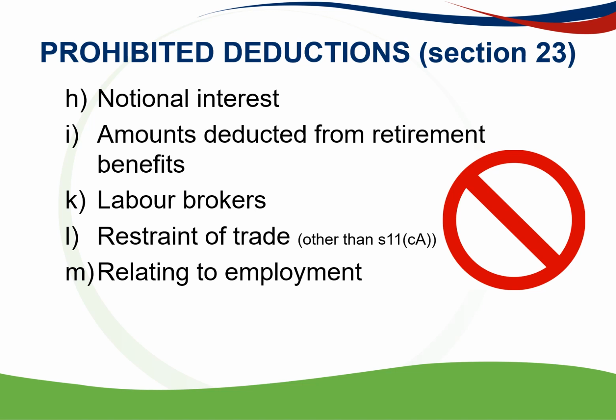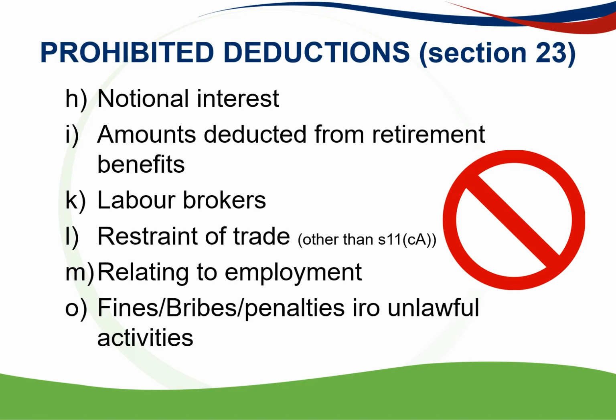Expenses, losses or allowances that relate to employment of or an office held by a person that derives remuneration are not prohibited as deductions. In terms of paragraph M, only the following expenses for salaried persons can be deducted: contributions to pension, provident or retirement annuity funds, legal expenses, wear and tear allowances, bad debts, doubtful debt allowances, an amount paid back by an employee on which they were taxed, restraint of trade payments, rent, repairs or expenses in connection with a dwelling house or domestic premises.